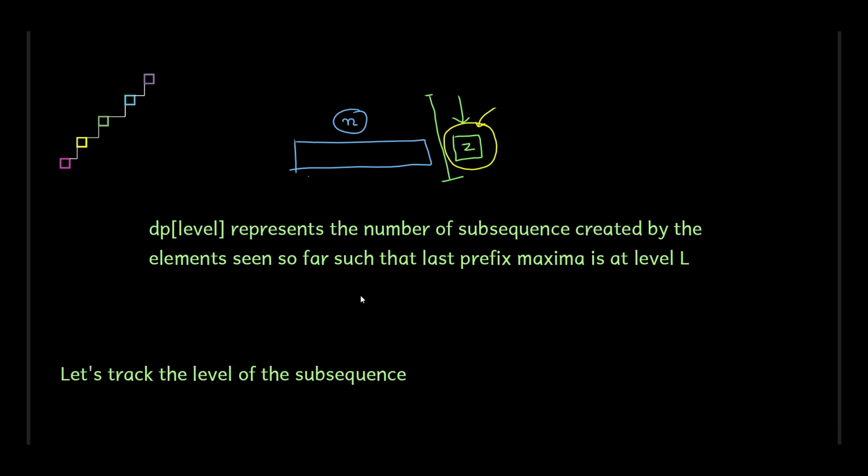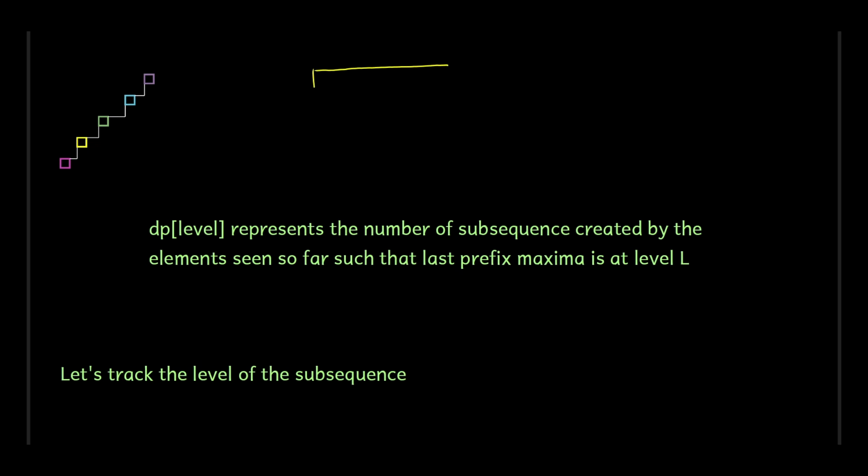Now how does this help us? In the worst case, there can be n different levels. Suppose you want to append an element. This is the original array you are dealing with, and you must have constructed various subsequences of different lengths.